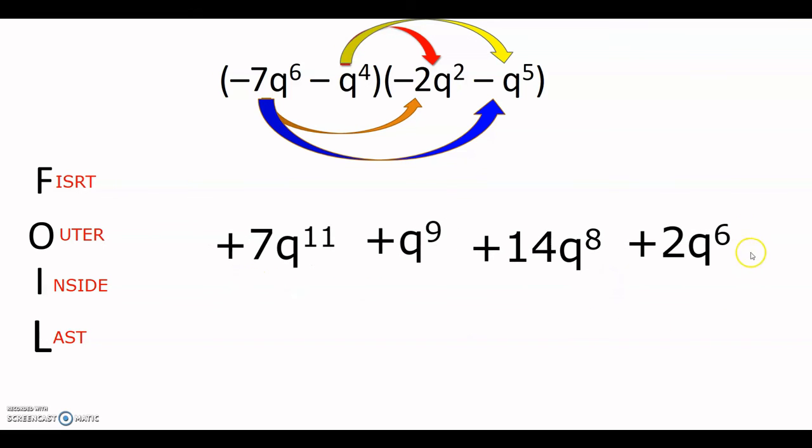So this is our final answer: 7q raised to the power of 11 plus q raised to the power of 9 plus 14q raised to the power of 8 plus 2q raised to the power of 6. As you notice here, our exponents are arranged in descending order, from highest to lowest.